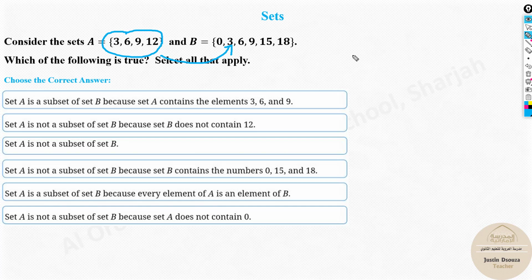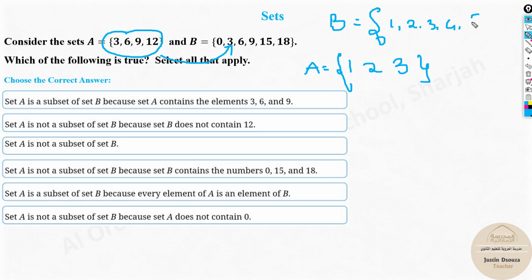If you have 1, 2, and 3 as set A, and set B contains 1, 2, 3, 4, and 5, you can see the elements of set A exist in B, right?